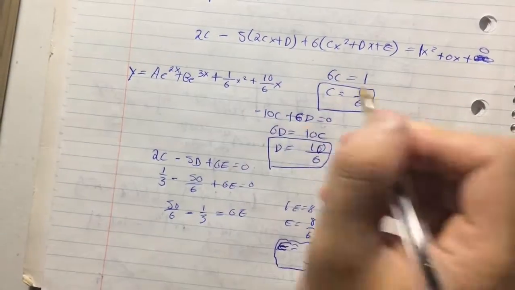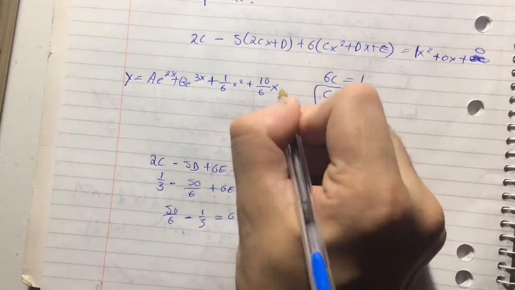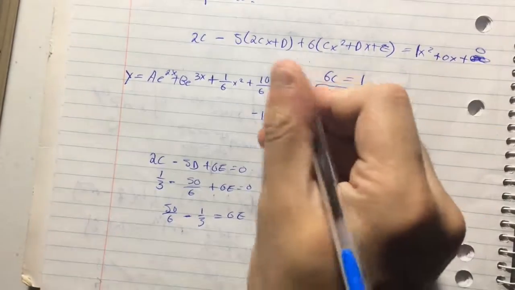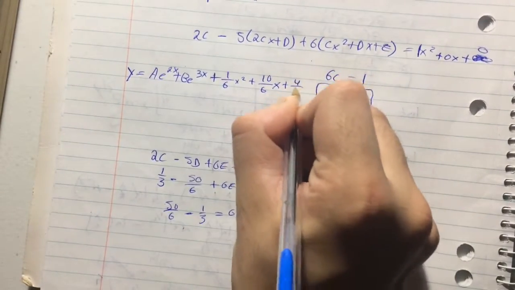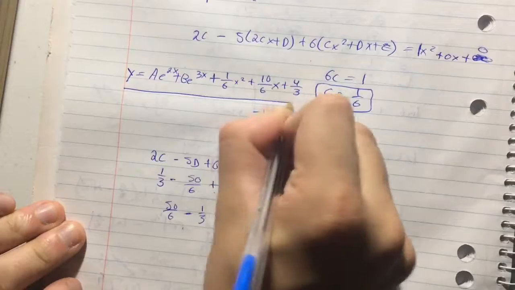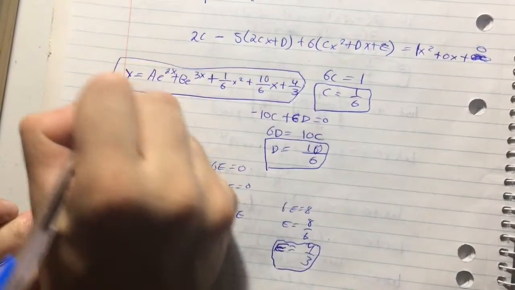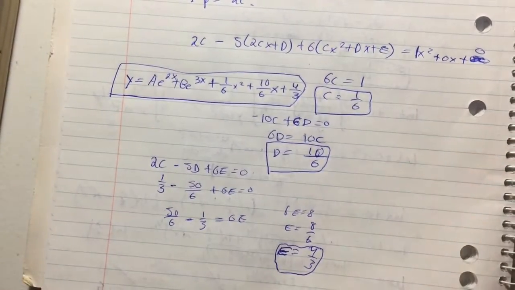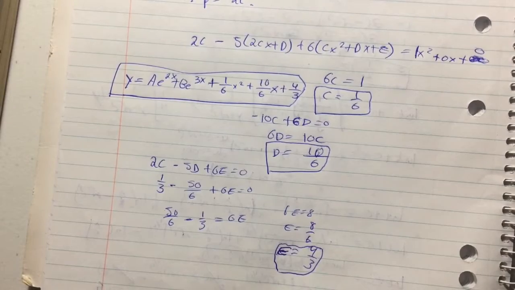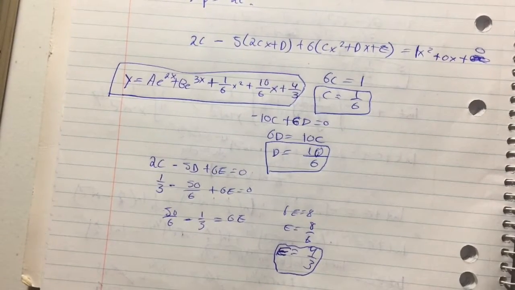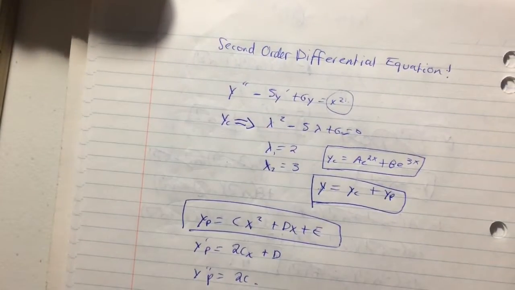I haven't actually simplified that, I can, but it doesn't matter. And then plus e, and e is 4/3. And that is the final answer. So yeah, that's how you solve second order differential equations when it's equal to a polynomial of x to the n.